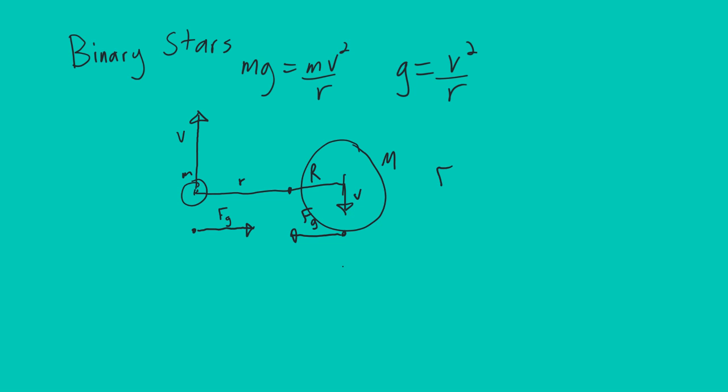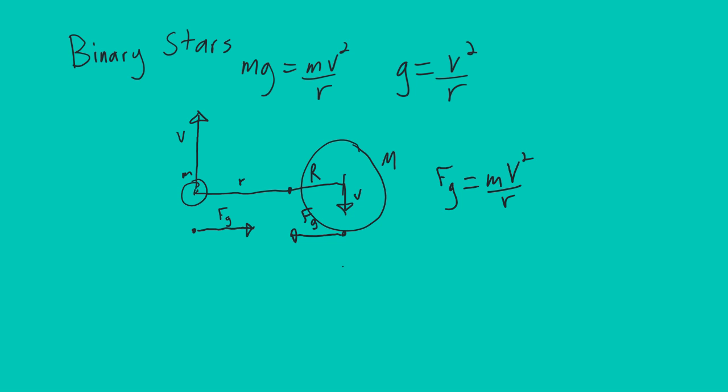We have some force of gravity here, and this is equal to its small mass multiplied by its large velocity squared, divided by its large radius.